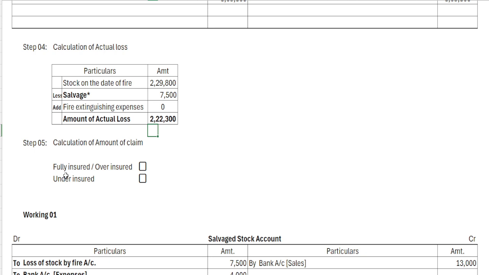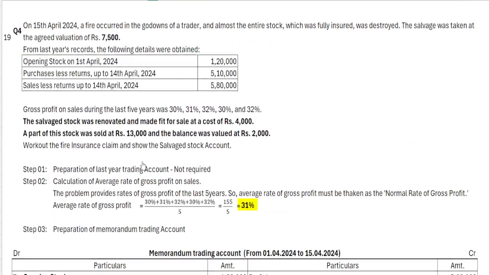Now before computing the amount of claim, we should check whether it is fully insured, overinsured or underinsured. In this particular problem, there is no such information available.